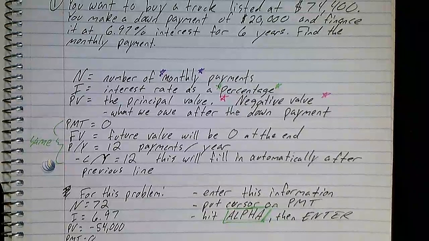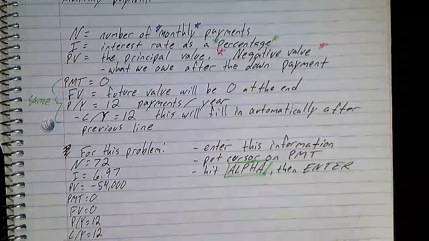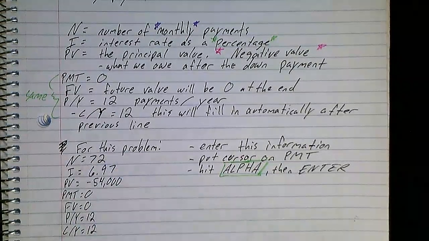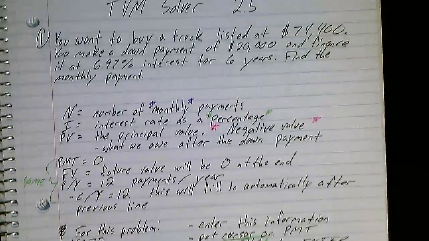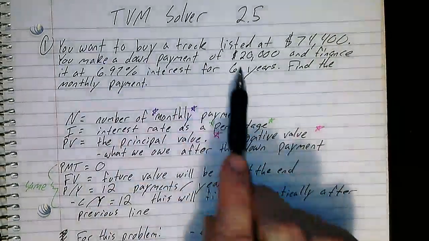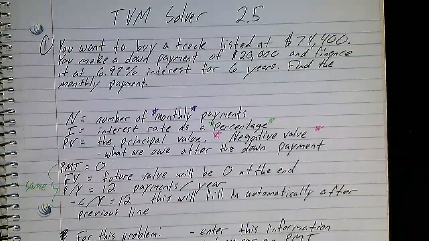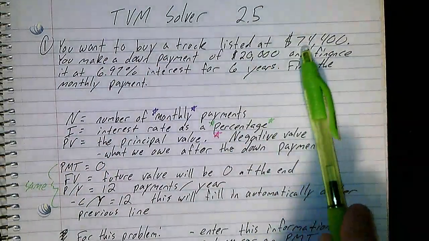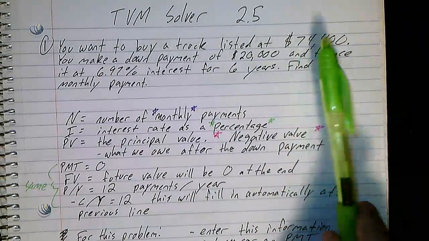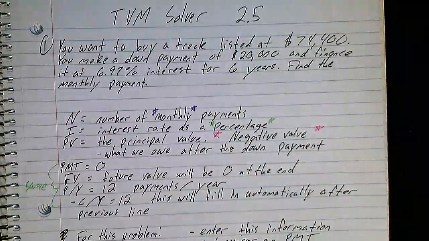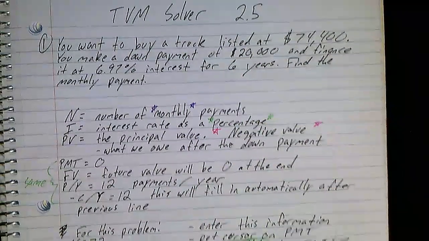For this problem, N will be 72 because it is a 6-year loan. Let me go back up to the problem for a second. It is a 6-year loan with an interest rate of 6.97%. The truck is listed at $74,400, but we make a down payment of $20,000.